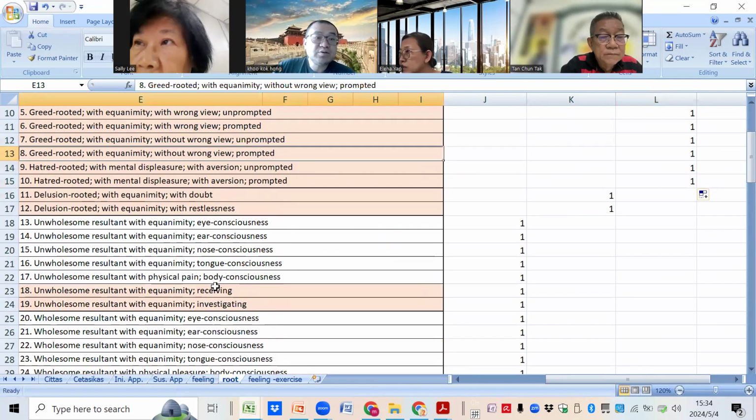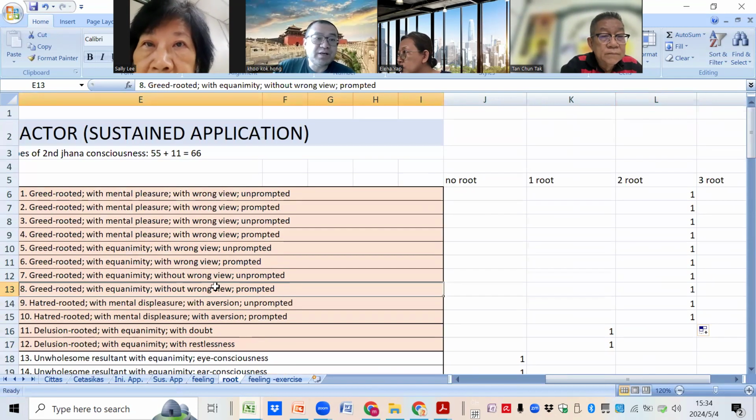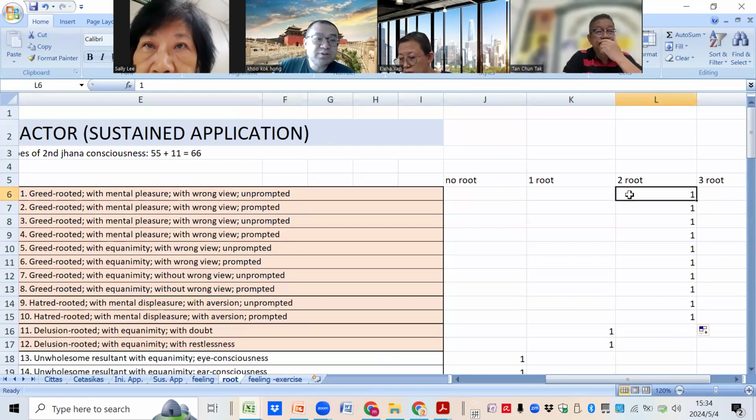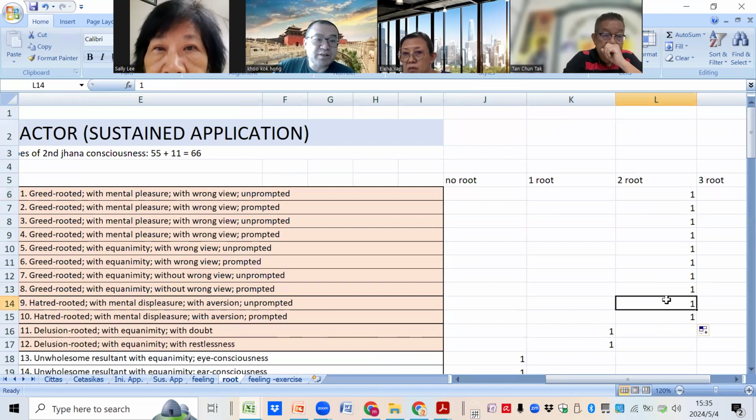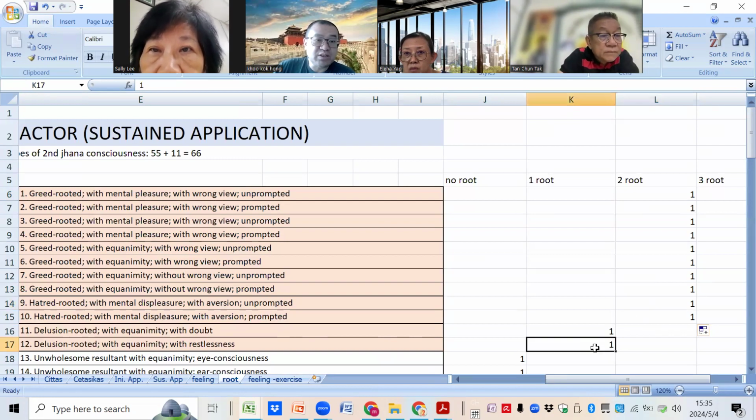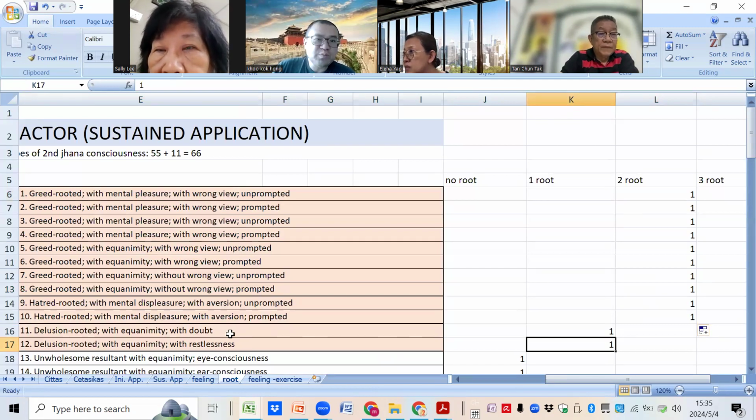Sifu, can you just go back up there? Just now, you see unwholesome, but on number 10 and number 11, 12, 13 is delusion rooted but with equanimity. So are these considered as well, these four? What's the question? Just now when you were asking the questions to Junta, are these unwholesome?